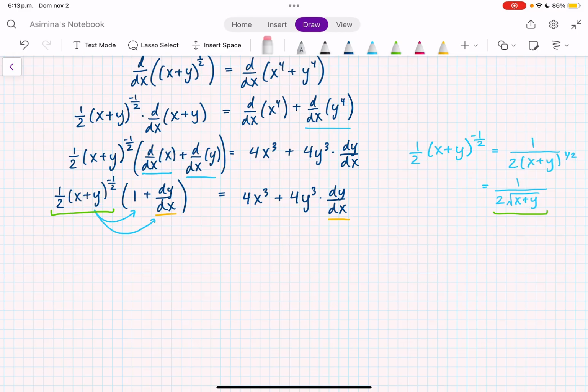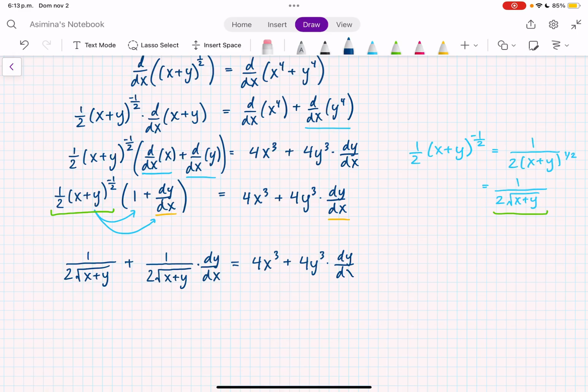Okay, so I'm doing that times 1. So we have 1 over 2 times the square root of x plus y, plus 1 over 2 times the square root of x plus y times dy/dx. And on the right-hand side, we still just have 4x cubed plus 4y cubed times dy/dx.